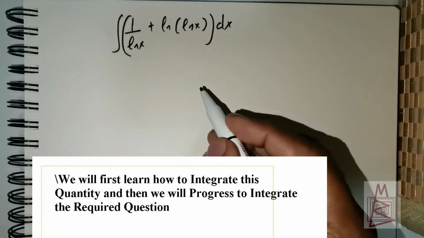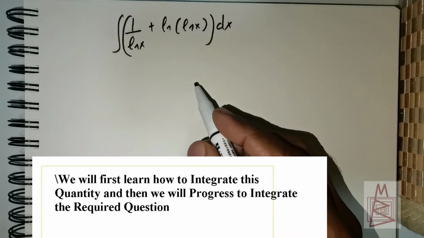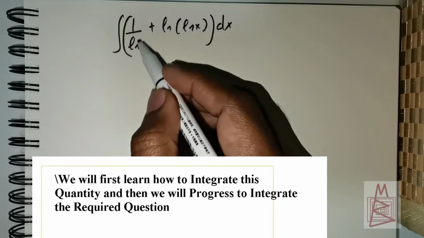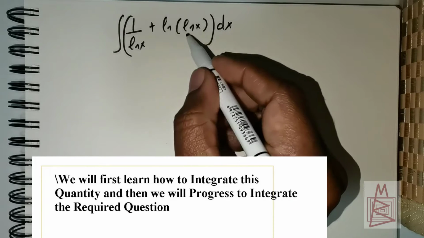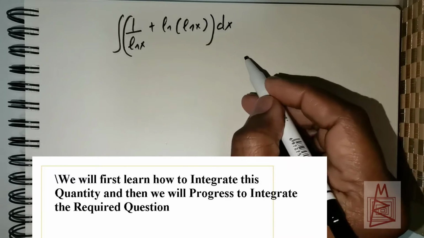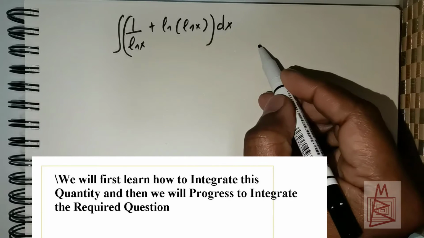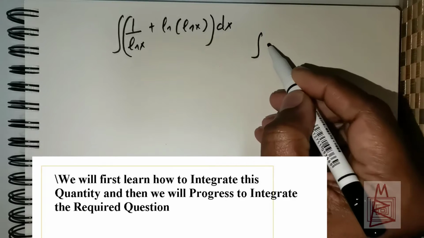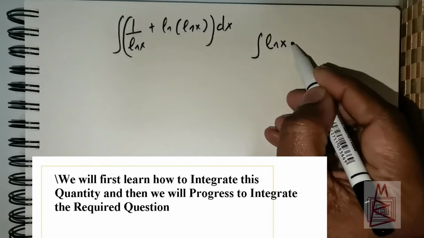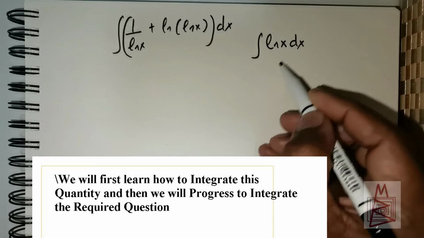Students, in this class we will learn how to integrate the integral of 1 over ln x plus ln of ln x times dx. Now foremost, you have to know how to integrate ln x times dx.